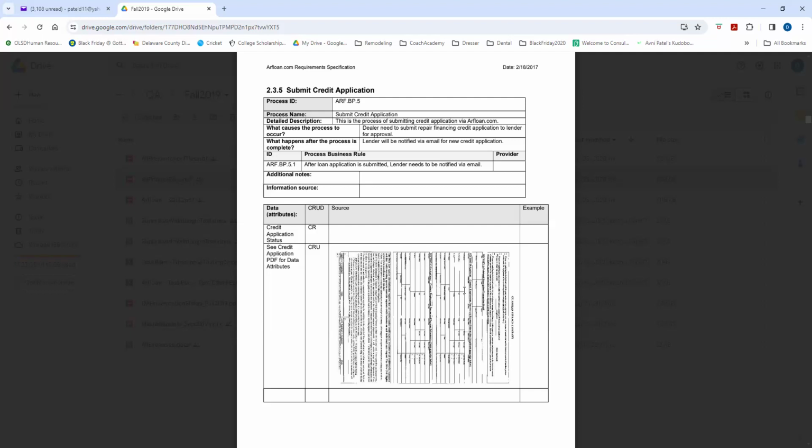Okay. And this is where the rule kicks in, right? So after the dealer submits the credit application, the lender gets notified. So if you recall it in the context diagram, there was an arrow going from a system to the lenders for the notification.